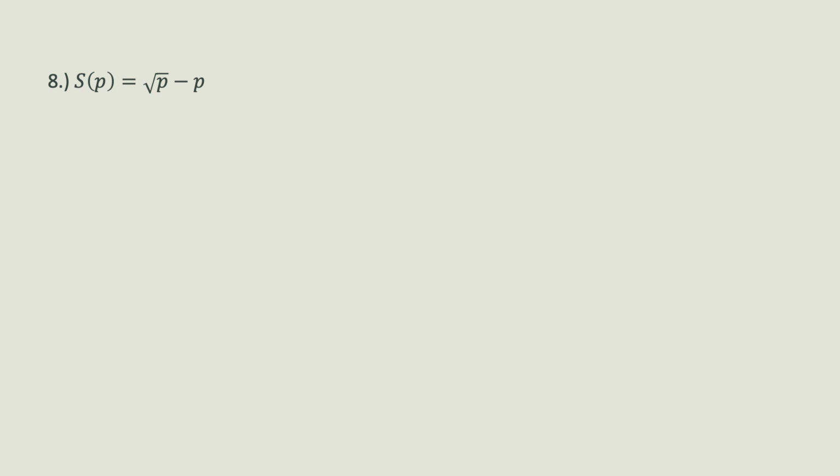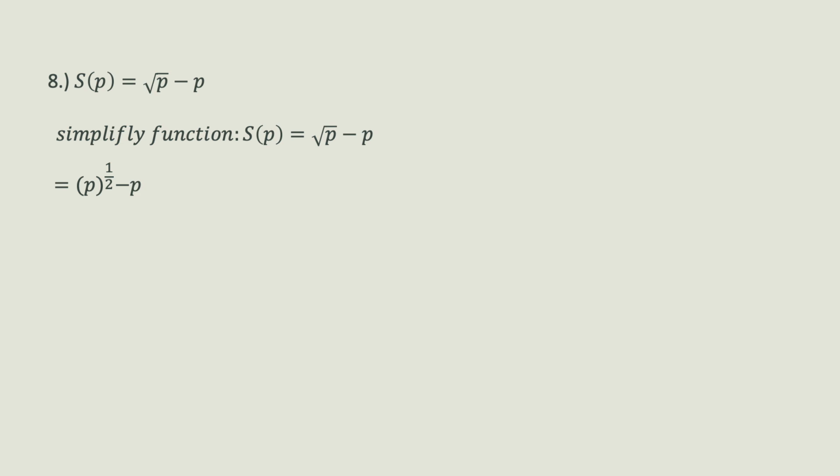We'll simplify in order to take the derivative, which makes it a little easier. We know that the square root of p can also be written as p to the power of 1 over 2, minus p.